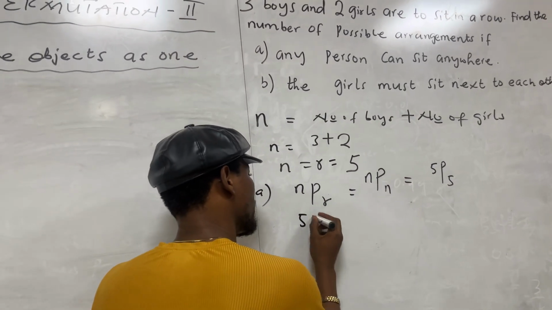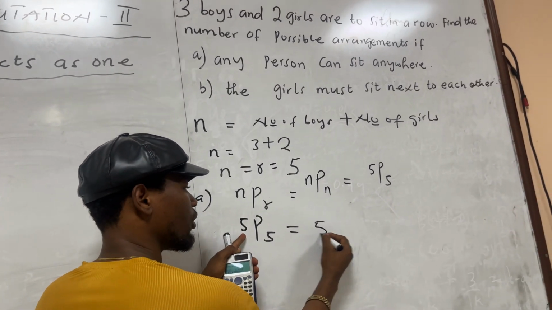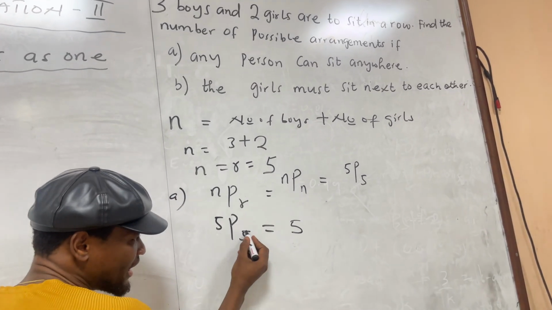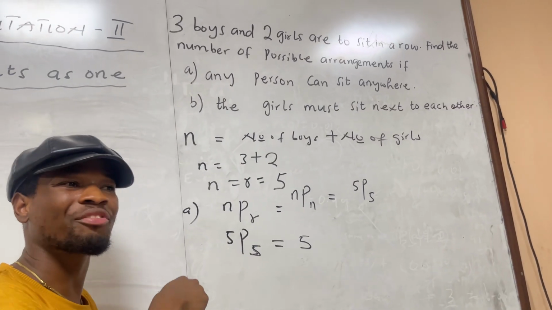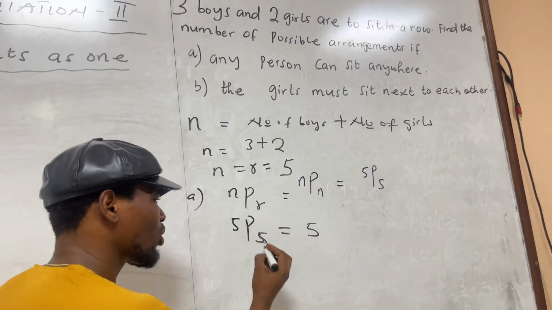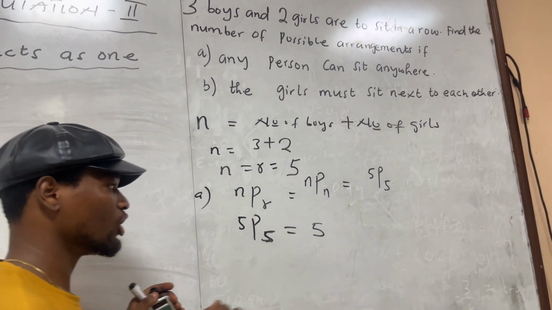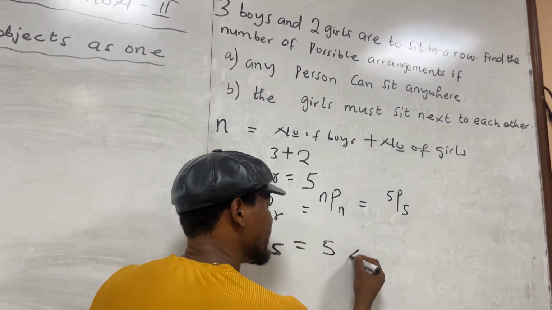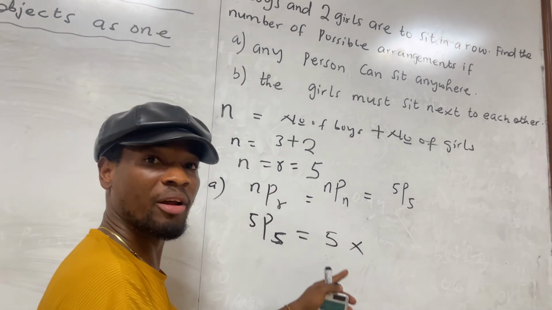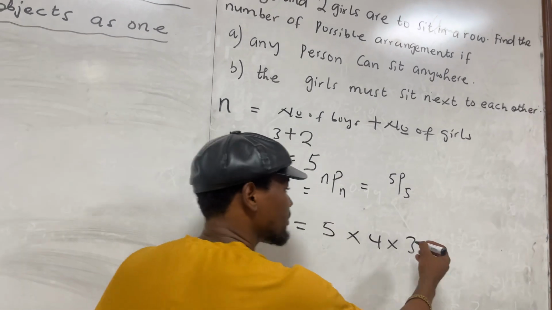So what is 5 permutation 5? You start from the number 5. Then the number 5 here, the r, tells you the number of items you are multiplying. Because I can see 5 here, I will multiply 5 numbers only. So I have 5, times 4, times 3, times 2.